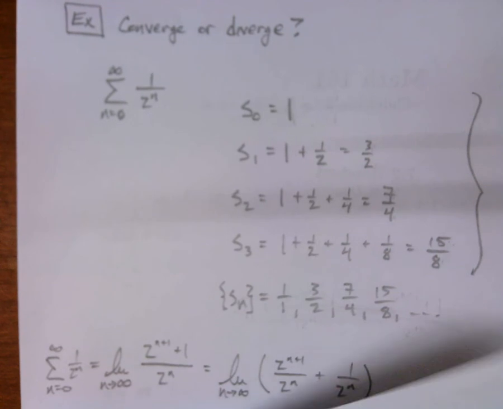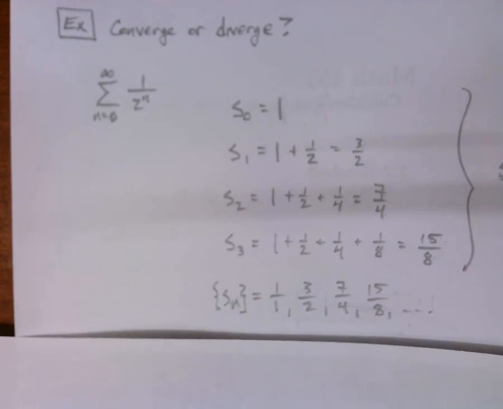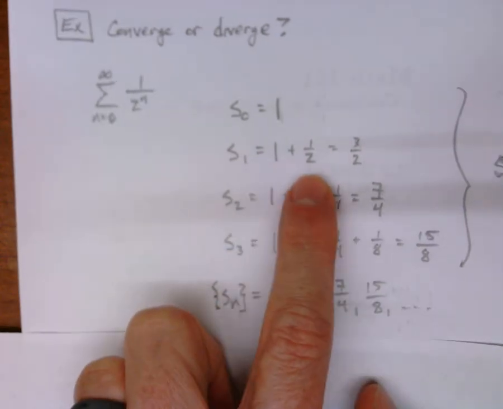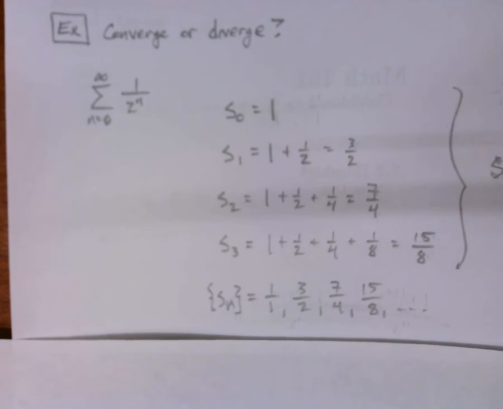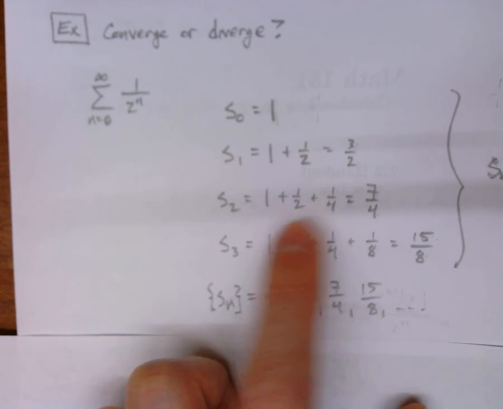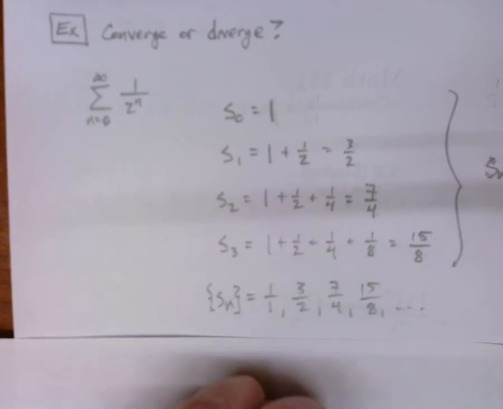So if we go through the first several partial sums, S0, since we're starting at 0, the 0th partial sum, 1 over 2 to the 0 is 1. The first partial sum, plugging in n equals 0 and n equals 1, would be 3 over 2. The second partial sum, n equals 0, 1, 2, adding together the first 3 terms of the sequence, is 7 over 4.